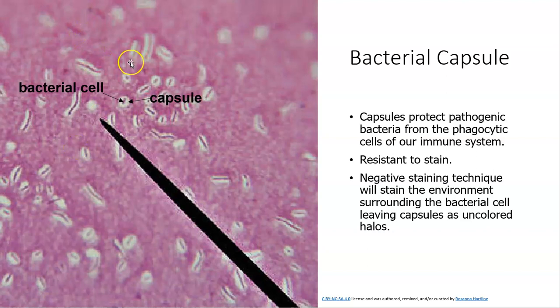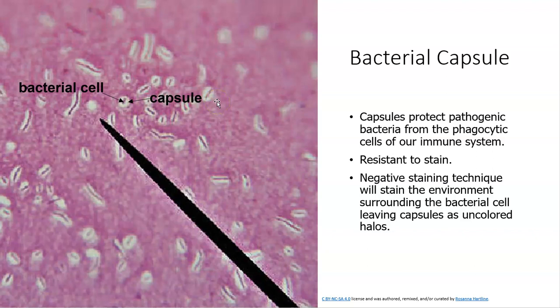That was done here. This stain was prepped using an acidic dye called eosin, which is pink. So the background is going to be pink, and the capsules that were resistant to the stain are going to be these clear surroundings around the bacterial cells.